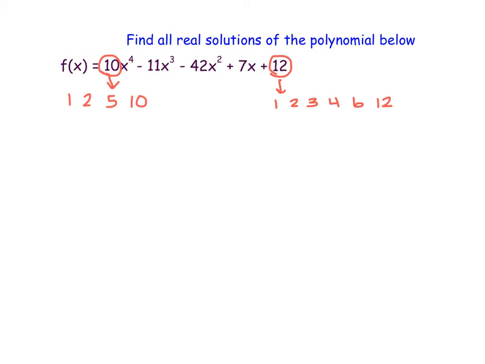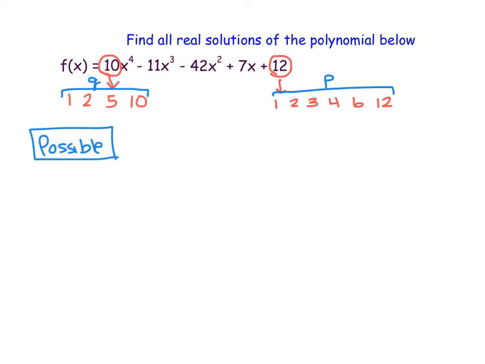So what we need to do is pair up every single factor of a sub 0. So these are all of my p-values. And I need to pair them up with all of my q-values and make a list of possible factors. So we're just going to go through and pair up each one. I'm going to start with 1 and 1.